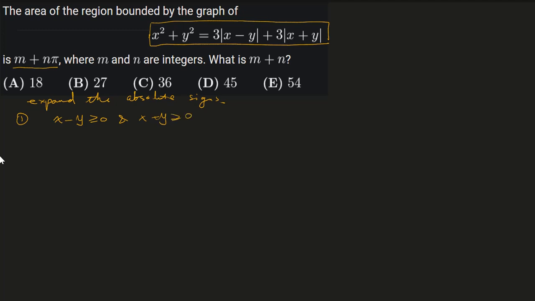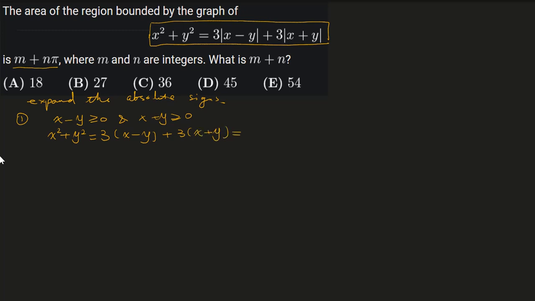And at this time, the equation of this curve becomes x squared plus y squared equals, now we can remove the absolute sign directly, right? So that's 3 times x minus y plus 3 times x plus y.